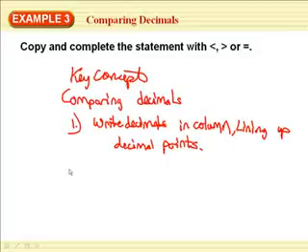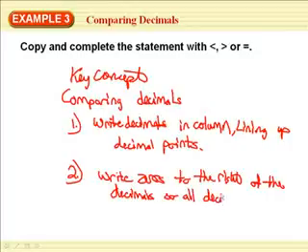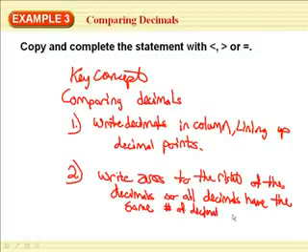Okay, step number 2 is, if necessary, write zeros to the right of the decimals, so all decimals have the same number of decimal places. Okay, stop the video until you get it all written.